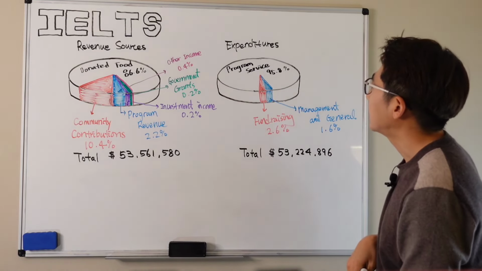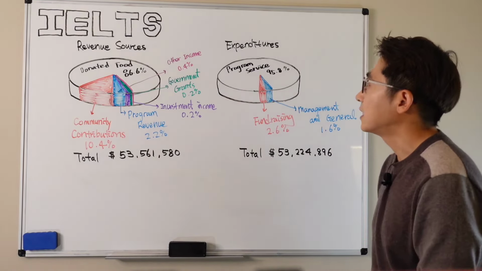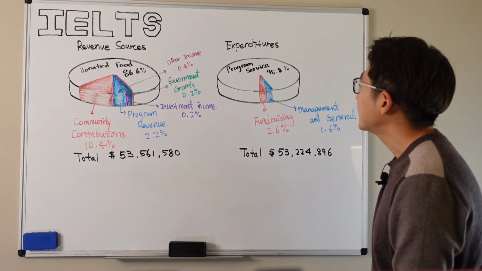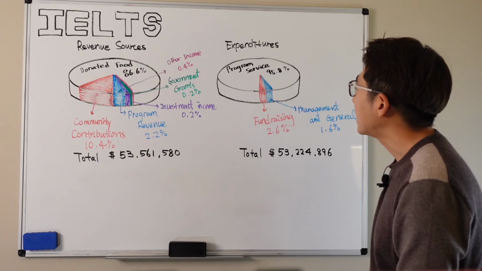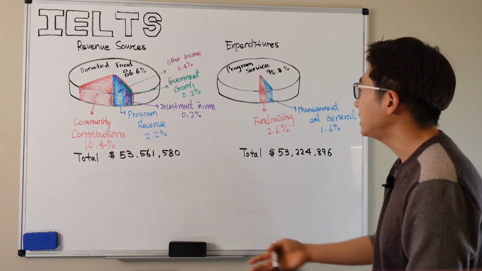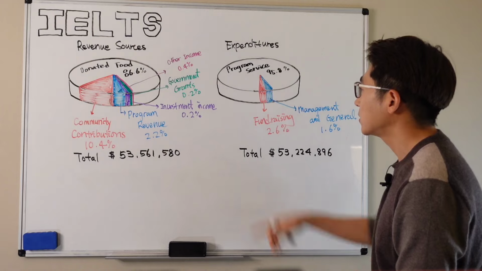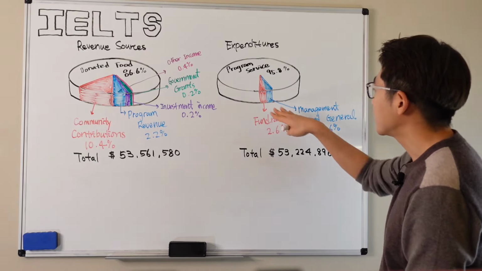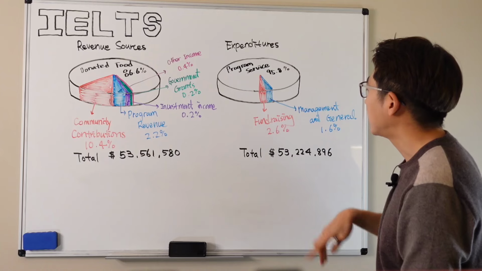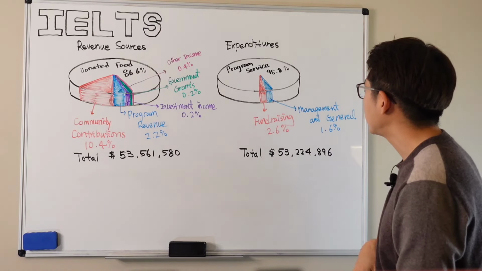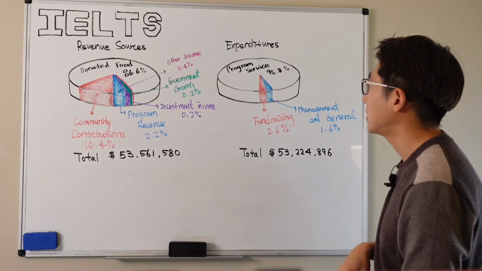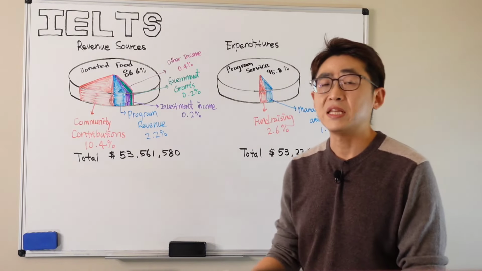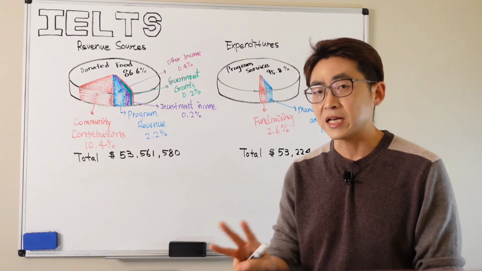And over here, they only have 3 items where they spent their money on. First, they spent 95.8% of all their money on program service. So we can talk about that as a similarity. And also, the other two are fundraising and management and general cost. So they didn't really use their money on many things. They only used their money on 3 items.